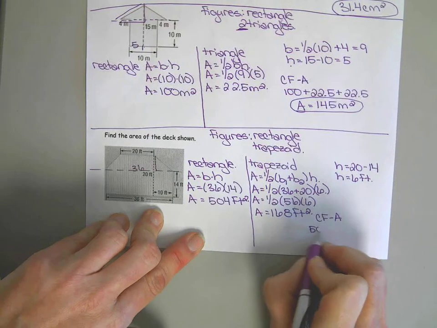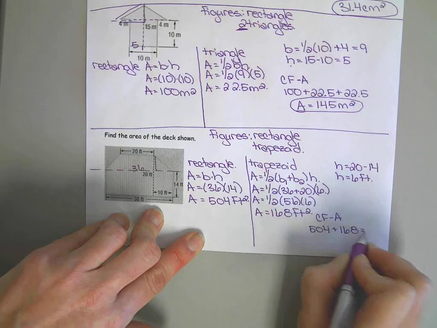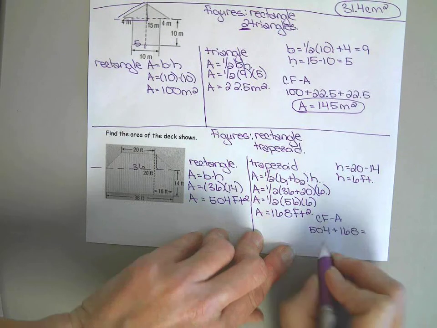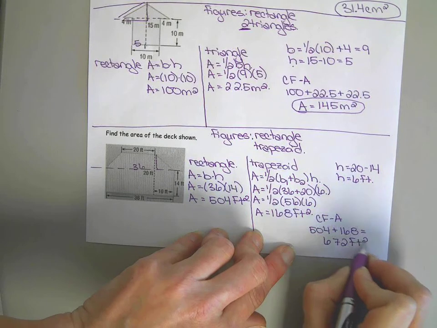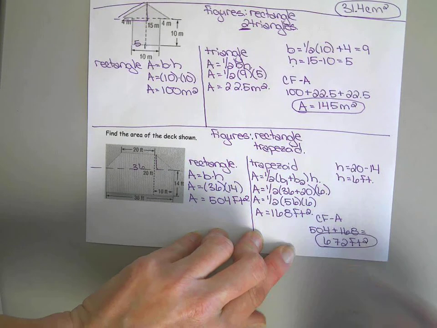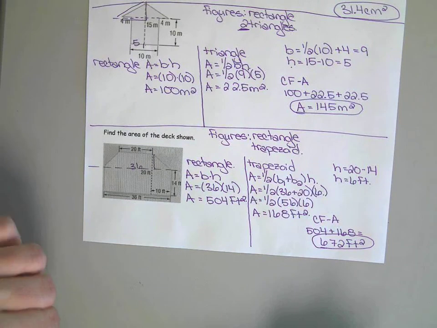So we have 504 plus 168, and we get 672 feet squared. And now we've solved finding the area of composite figures.